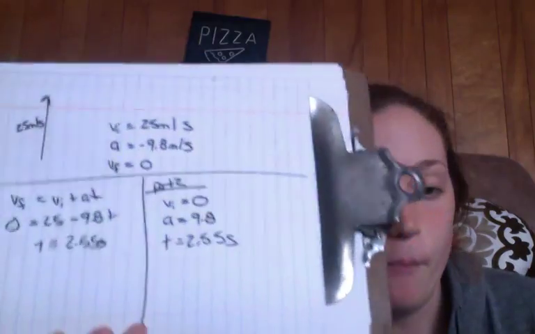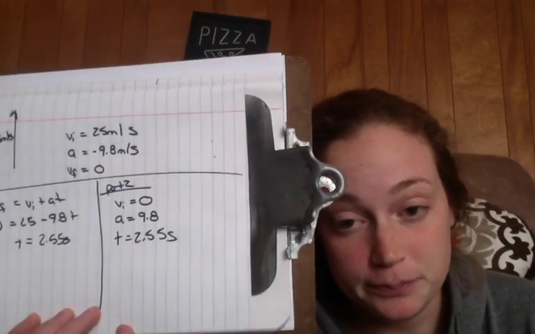Our initial velocity is now going to be 0, because now I'm at the max height. And now I'm just talking about the way down, so right before the ball hits the ground. My acceleration is now going to be positive 9.8 because I'm on the way down. And we know the time is 2.55 seconds for that half. So that's what I now know in part 2.